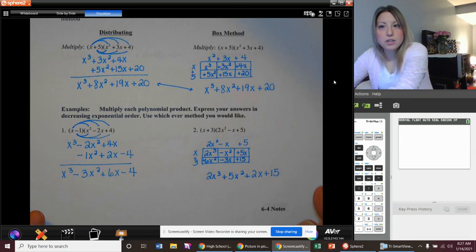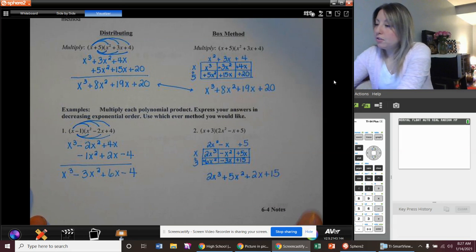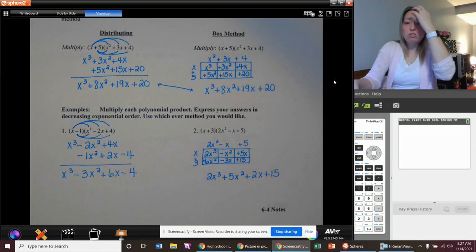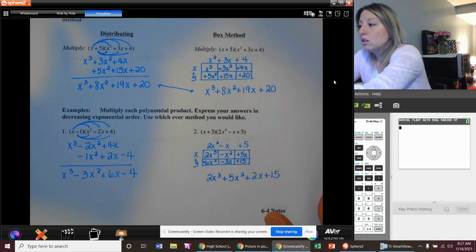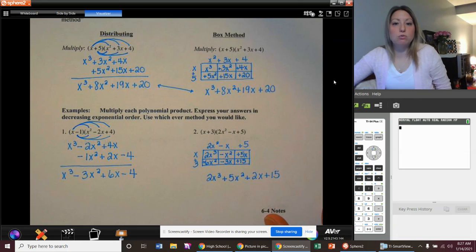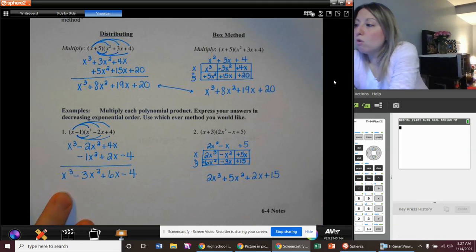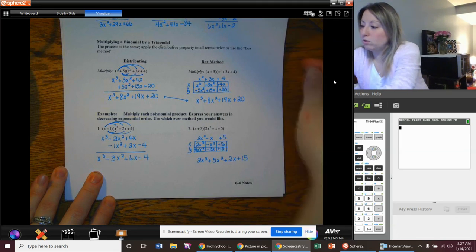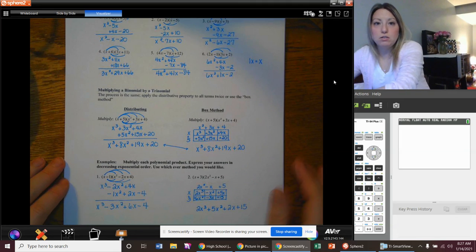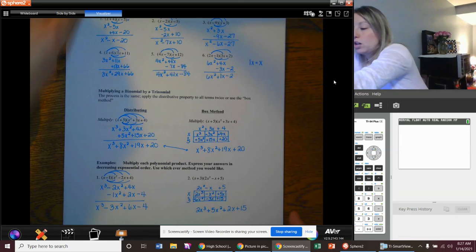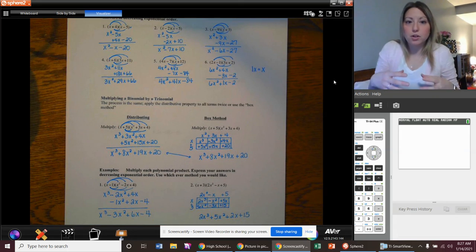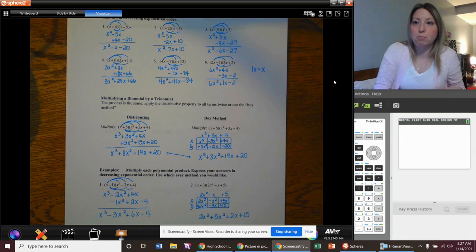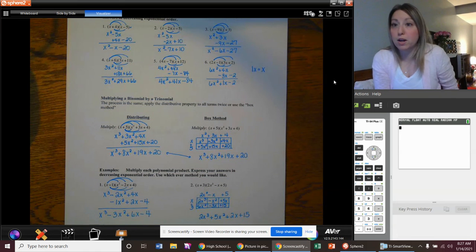I think you've got this, but the best way to make sure you've got this is to practice, right? That is the best way to ensure that you know what you're doing. I'm going to zoom out so we can kind of see everything here. Now, remember, the very first thing we started out with was single term multiplying together, which really just encompasses our exponent rules from lesson 3.